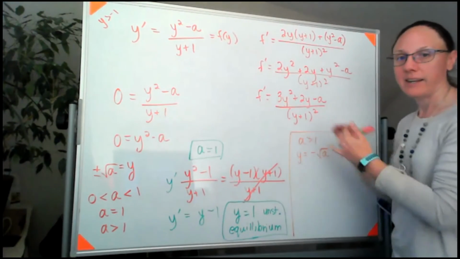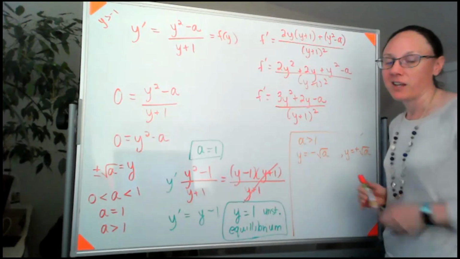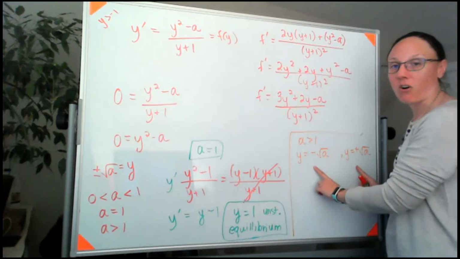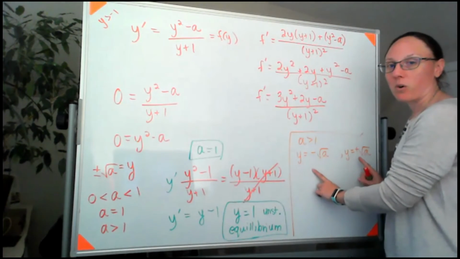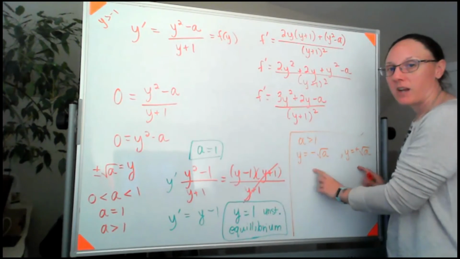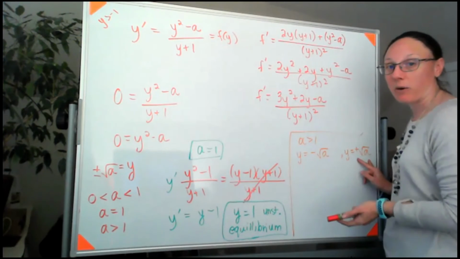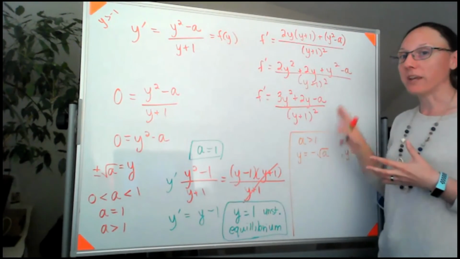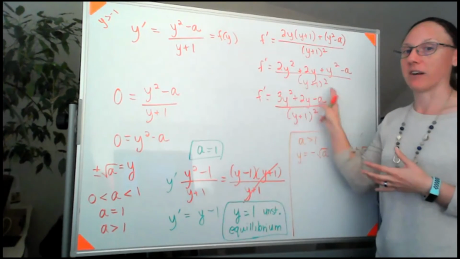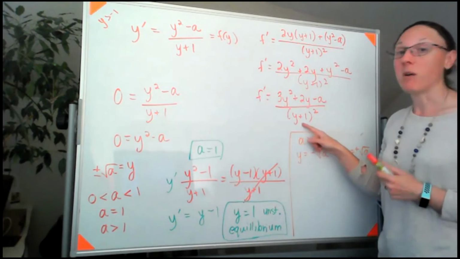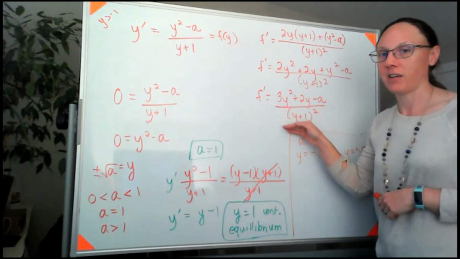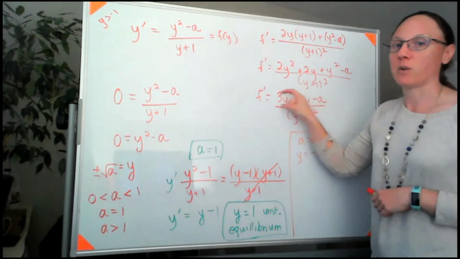Okay, now back to here. If I'm going to decide whether these points are stable or unstable, I'm going to plug that square root of a in everywhere we see a y. But I only care about whether this thing is positive or negative. The bottom, I don't care what we plug in, we're squaring it. It's always positive. So I really just have to focus in on the top.